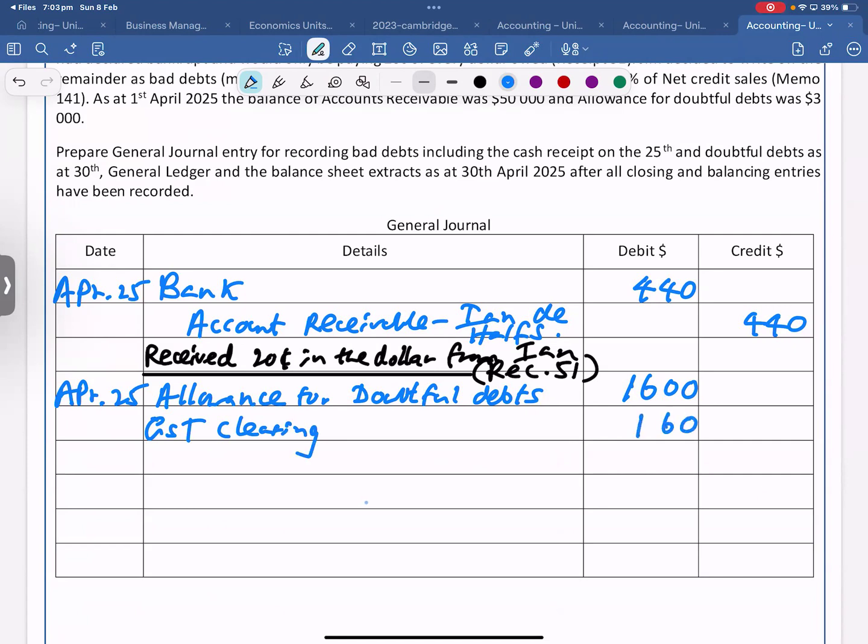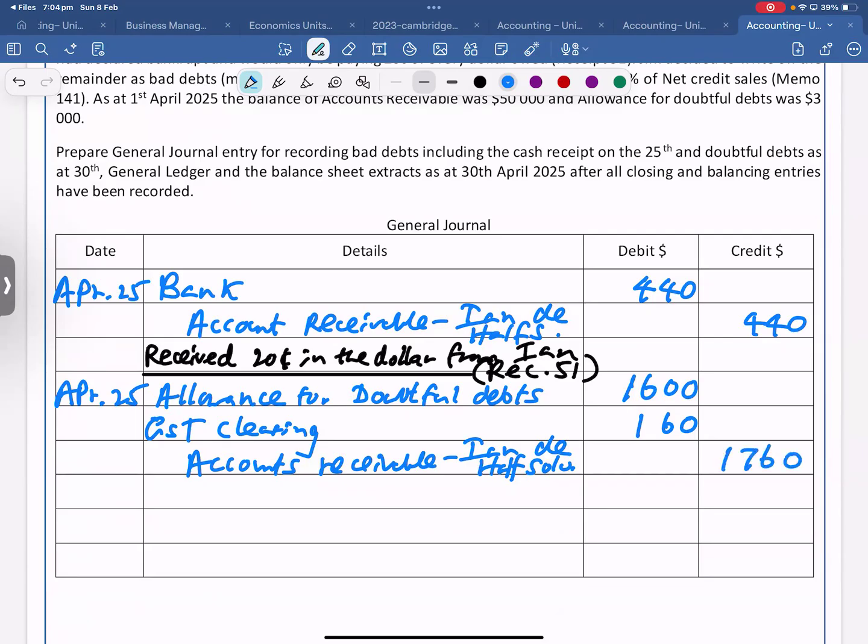Then credit accounts receivable, Yen, 1,760. Good.